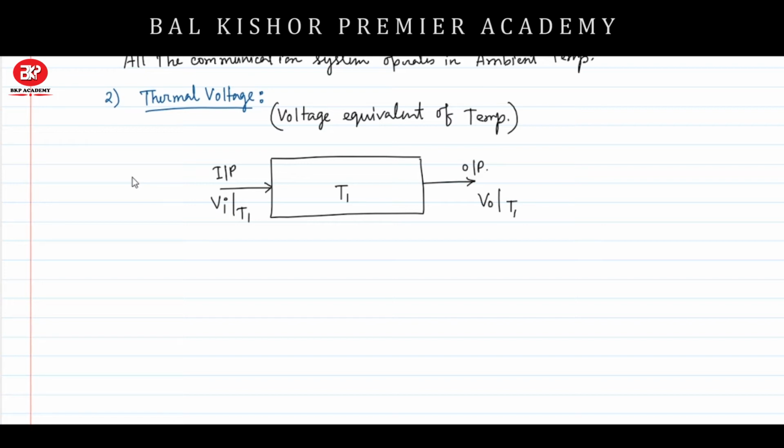Now, if I change this temperature to T2, then the output voltage will change by some amount and we will get V02, and this is due to the change of the temperature from T1 to T2. So we are changing the temperature of the device and getting an equivalent voltage change V01 to V02 in the device output.